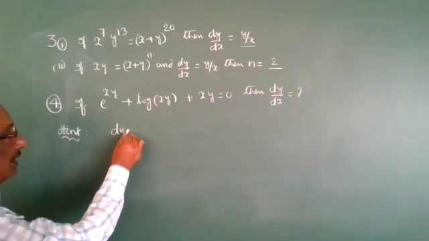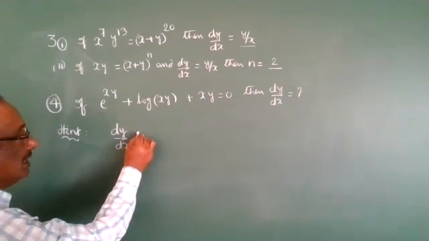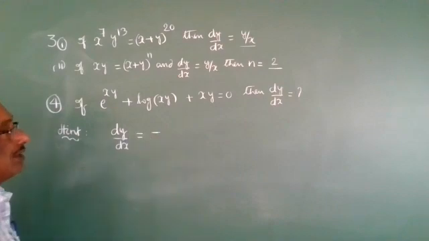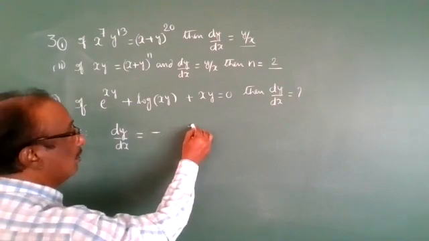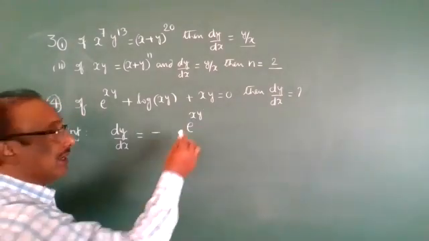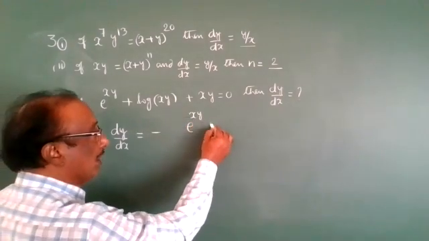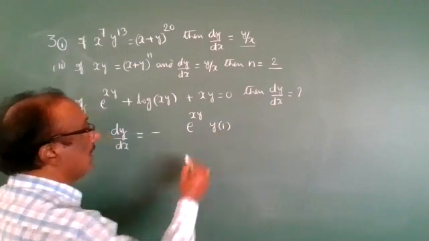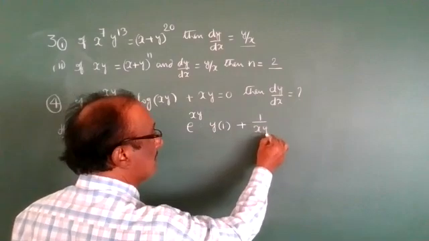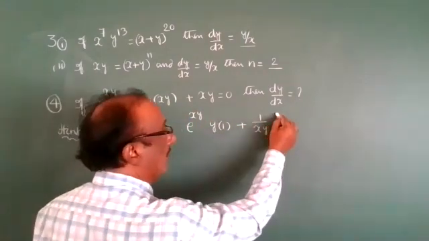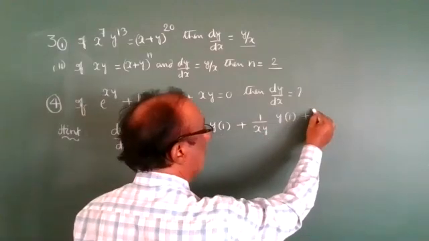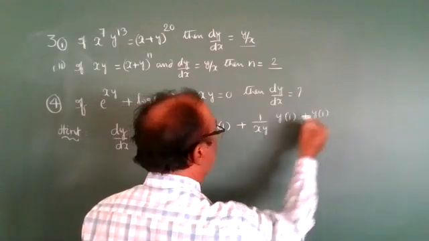It is an implicit function, f equals 0, so dy by dx is minus of the partial derivative with respect to x. The derivative of e to the power xy is e to the power xy, inner function xy, with y as coefficient of x, derivative 1. The log derivative is the reciprocal, 1 by xy, inner function y coefficient x derivative 1.